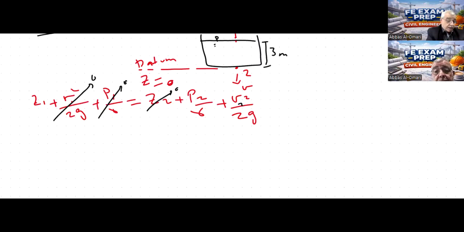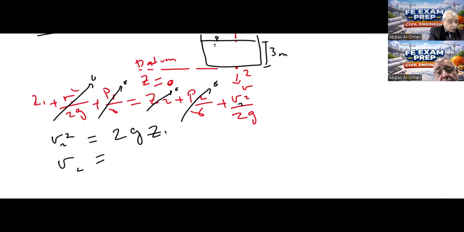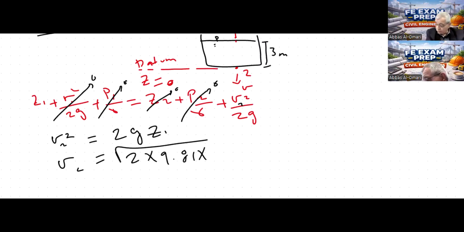So we have V2 square equals 2g Z1. So we have V equals square root of 2 by 9.81 by 3. And we have V equals 7.67 meter per second.